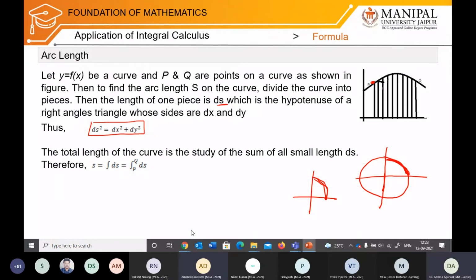So the total length of the curve is the sum of the small lengths ds. Therefore, it is integration of ds, and ds square is dx square plus dy square.